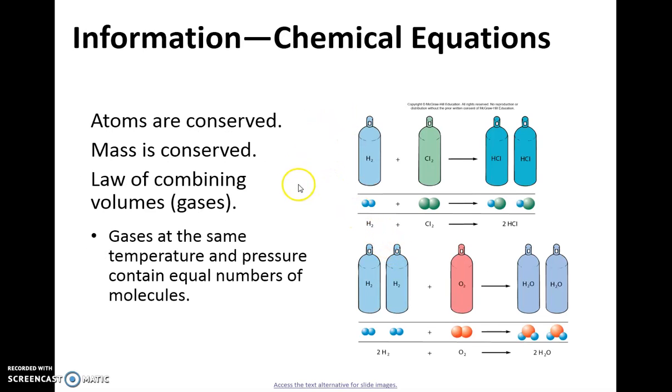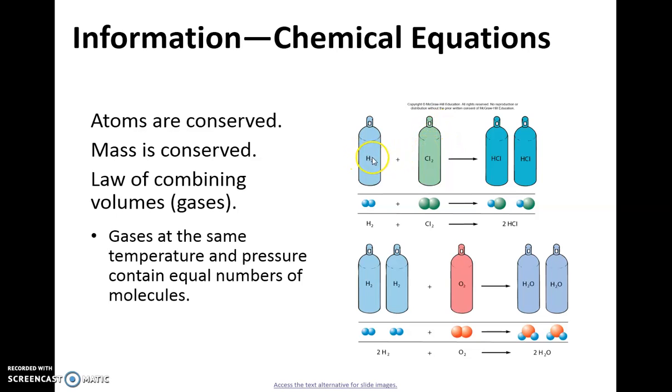Alright, so what we have here is chemical equations where we're showing that atoms are conserved, mass is conserved, and then we have this law of combining volumes. Gases at the same temperature and pressure contain equal numbers of molecules. So here we have hydrogen plus chlorine. Notice we have 2 parts of hydrogen, 2 parts of chlorine.